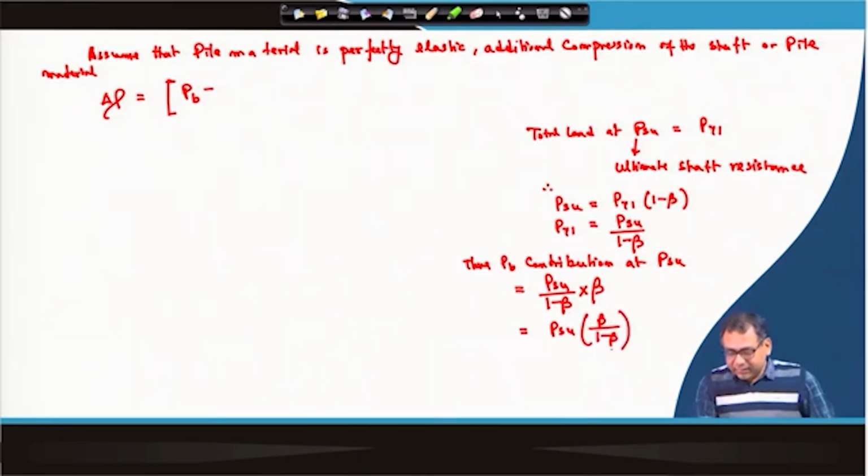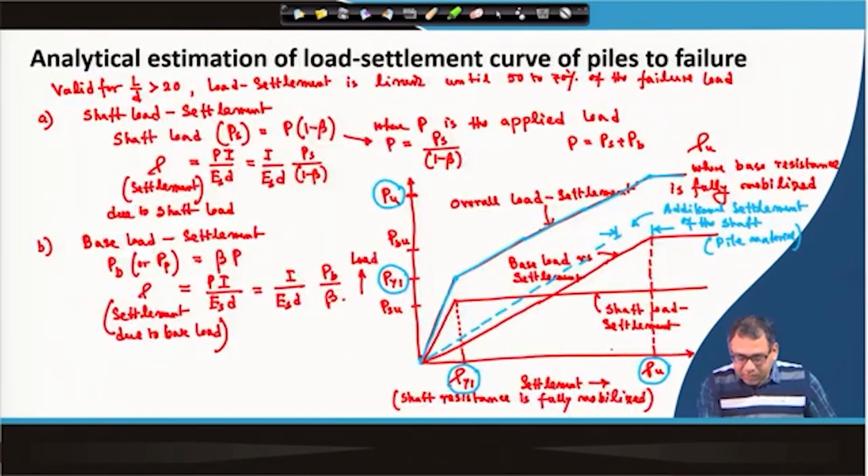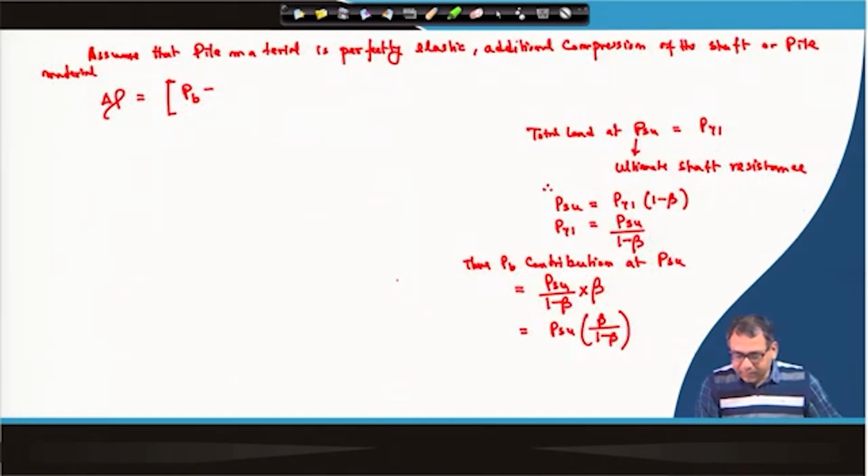So that is clear. When the total shaft resistance is fully mobilized, that is the ultimate shaft resistance, at that time the total load, that means shaft resistance plus tip resistance, is P y 1. Now when the total load is P y 1, the shaft resistance will be P y 1 into 1 minus beta.